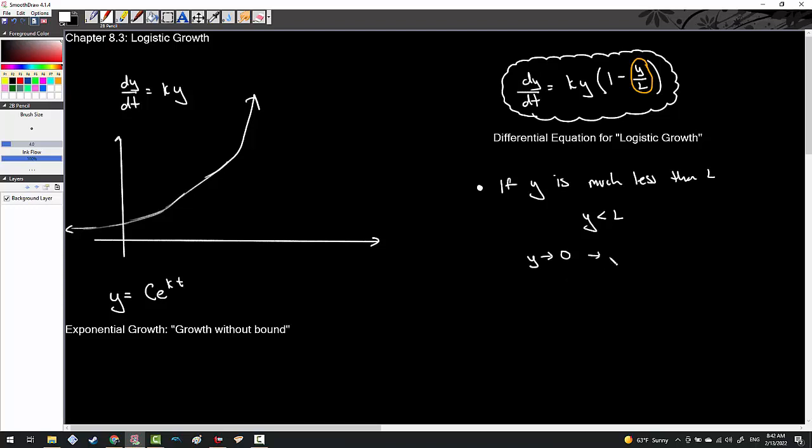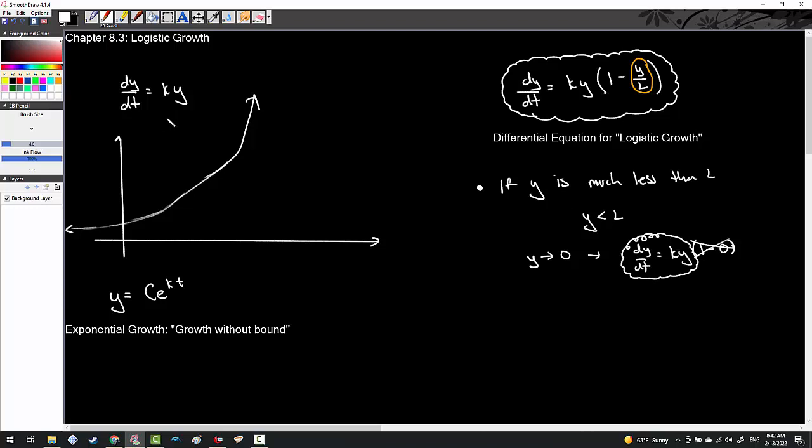You would get effectively dy over dt equals ky times 1 minus, if y was approaching 0, essentially 0 here, and you would have something small here for y as well, but that's okay. What's really important is this part would eventually turn into 1, and this would go away, essentially giving you just dy over dt equals ky, which is where we started.